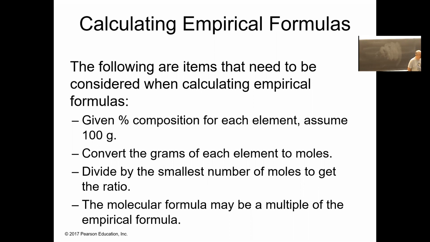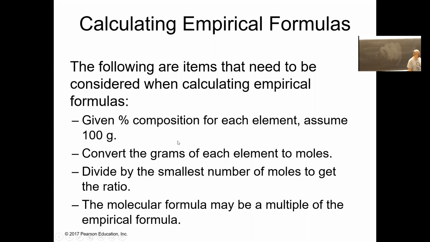In the old days, they would burn an organic compound, and then they would absorb the water that was produced and the carbon dioxide that was produced in order to get percent composition.